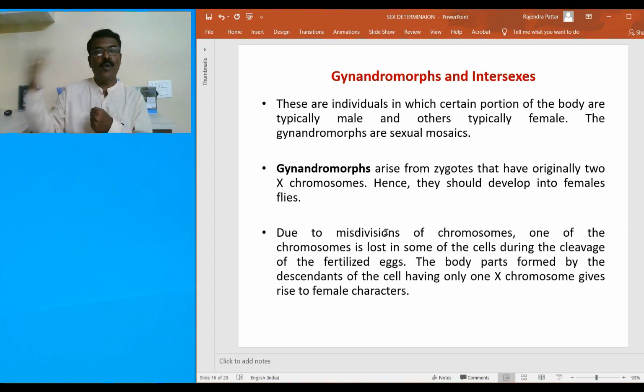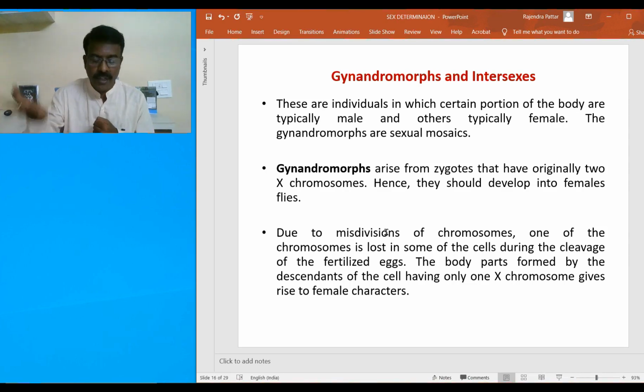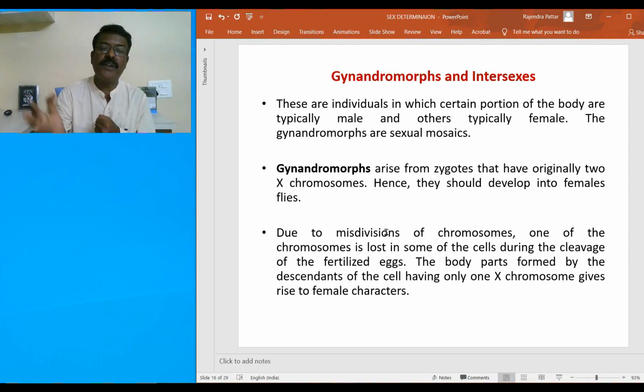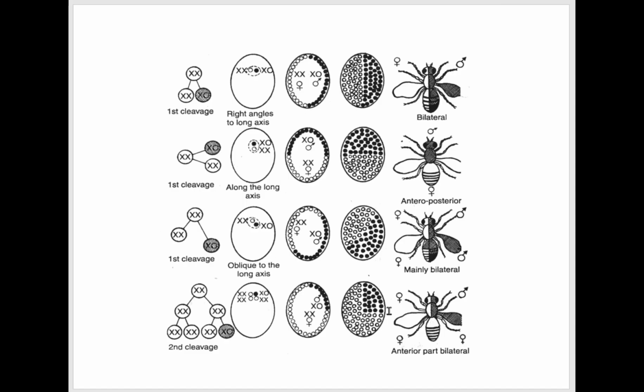I want to refer to the slide here where diagrams are there. It is a diagrammatic representation of the formation of gynandromorphs. So let us consider this is a zygote carrying two X chromosomes.